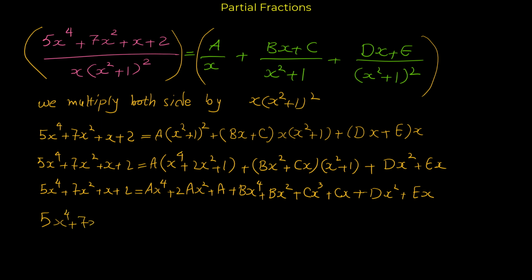5x^4 + 7x^2 + x + 2. Now I am going to factor similar terms. Attention, we have ax^4 and bx^4, so we can write it as (a + b) times x^4. Now look for the terms with x^3.